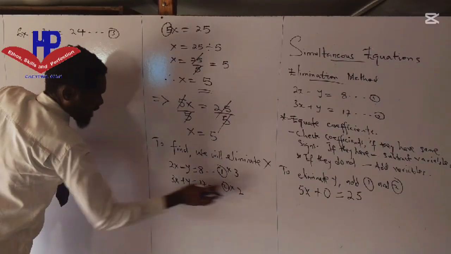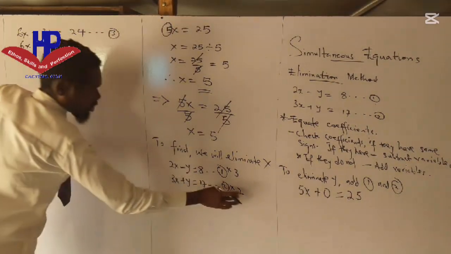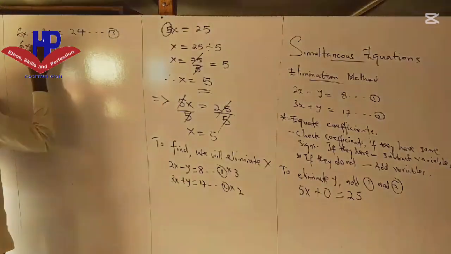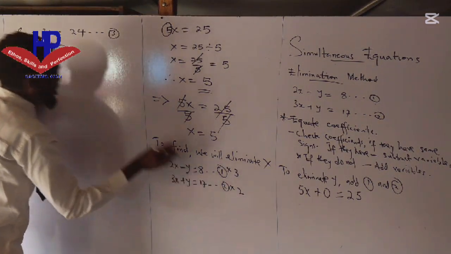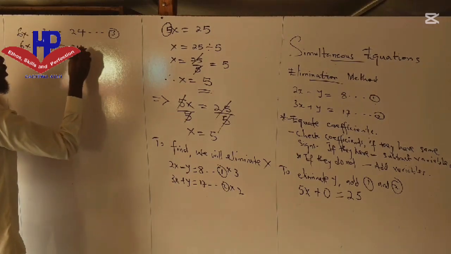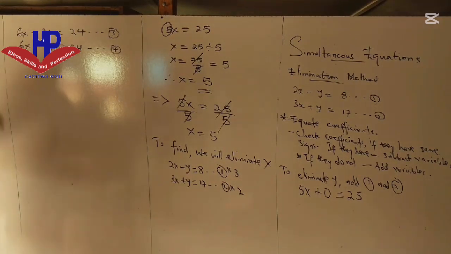The next one, 2 times 3x will give us 6x, 2 times plus y will give us plus 2y, is equal to 2 times 17, which gives us 34. I'll call that equation 4. Now you notice that both coefficients of x are the same now.